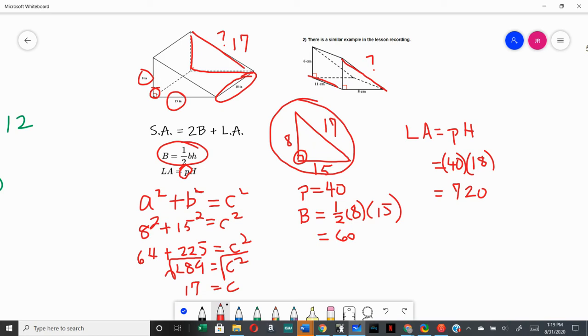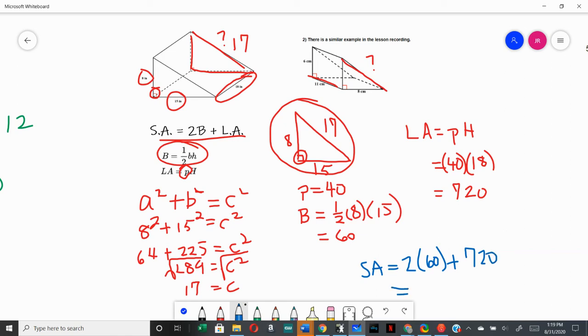Okay, so now I have everything I need in order to find the total surface area. Surface area is 2B plus lateral area. So 2 times B plus the lateral area.